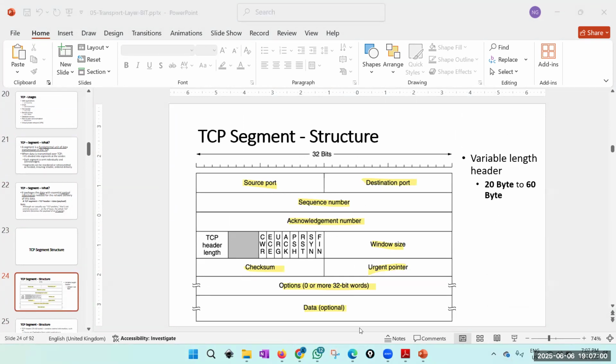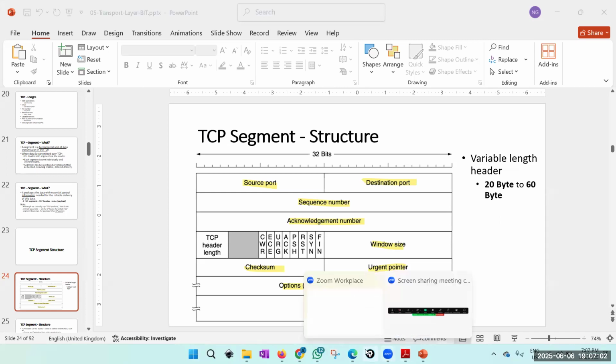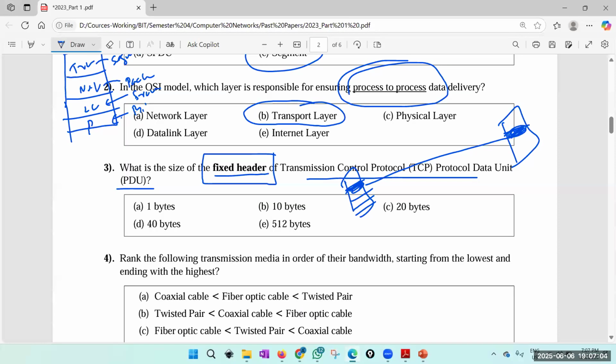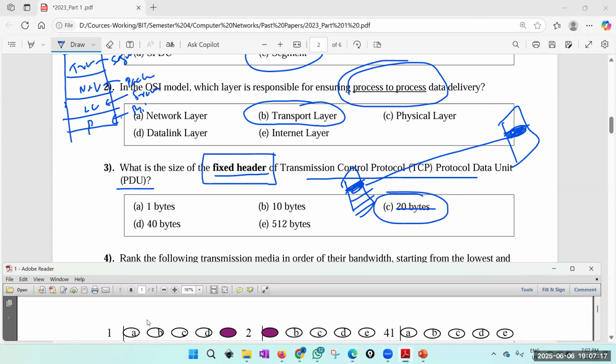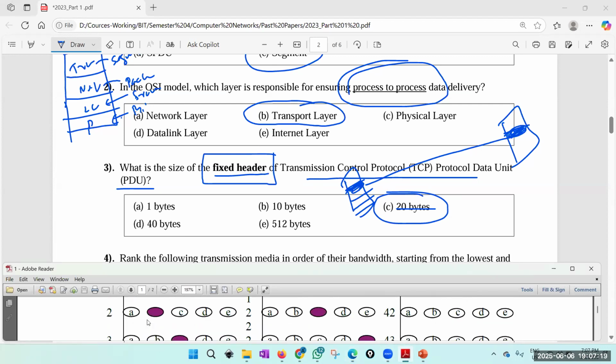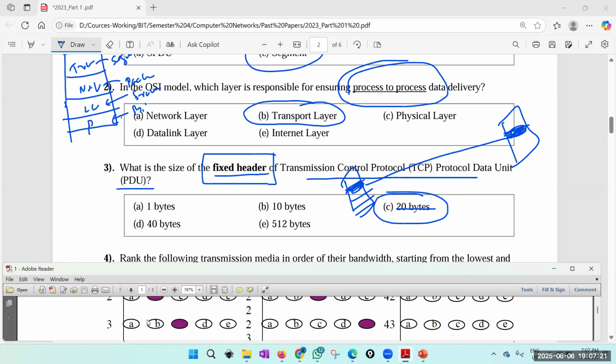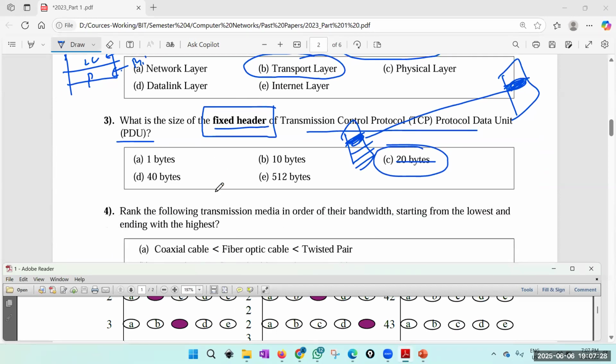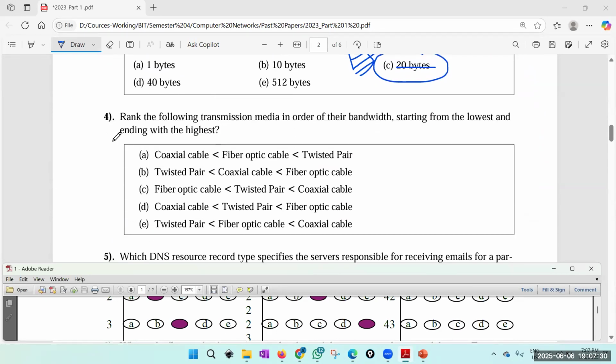Do we have something like that as an answer? The TCP header minimum is 20 bytes, maximum is 60 bytes, so we'll go for the minimum value. So the answer is C. Yes, the answer is C. The examiner has taken the minimum value because it's 20 to 60. This is a very easy question.